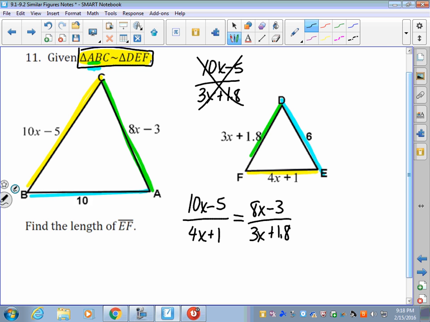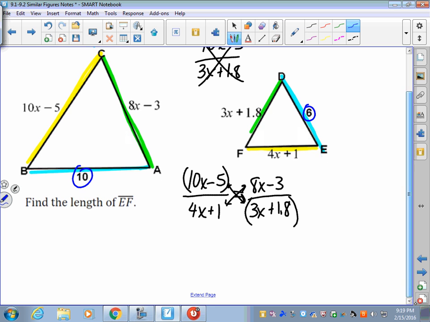And now I can cross multiply. But we want to work smart, not overwork. Because here I'm going to have a quadratic, because I have two binomials that I'm multiplying. My suggestion to you, because we want to work smart, is that if I ever have a side that I have a value to, my blue side, I want to use that, because that is actually going to give me my scale factor.